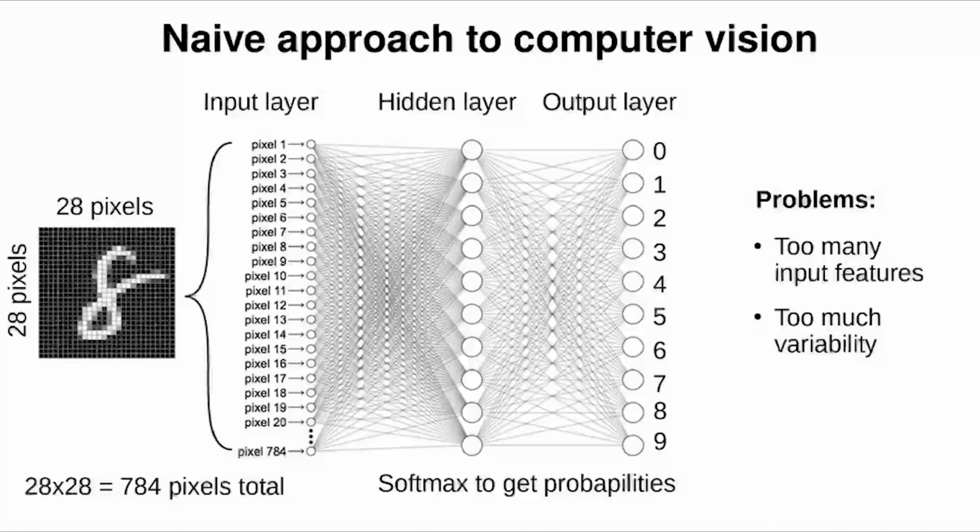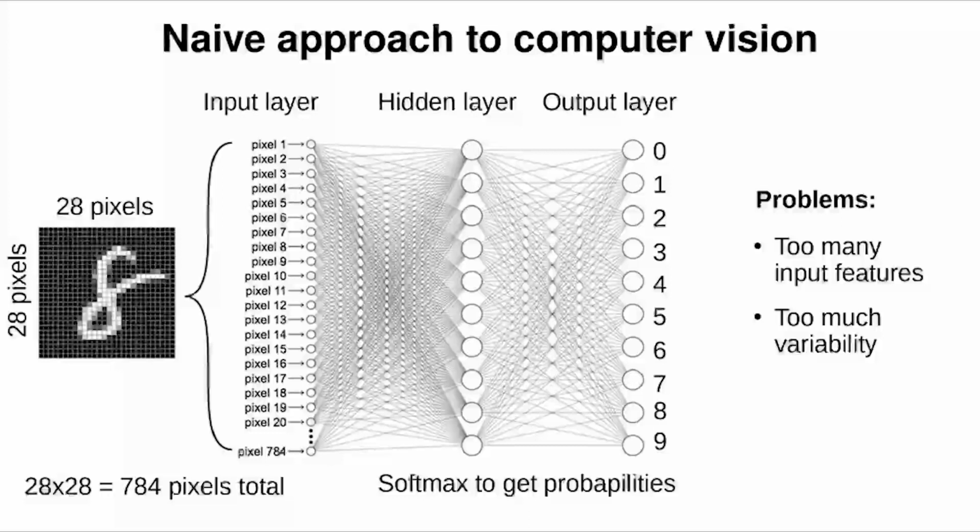However, if we want to identify more classes of more complicated objects in larger images, it quickly becomes impractical for two main reasons. First, the number of pixels in an image quickly increases as the dimensions of the image get larger.